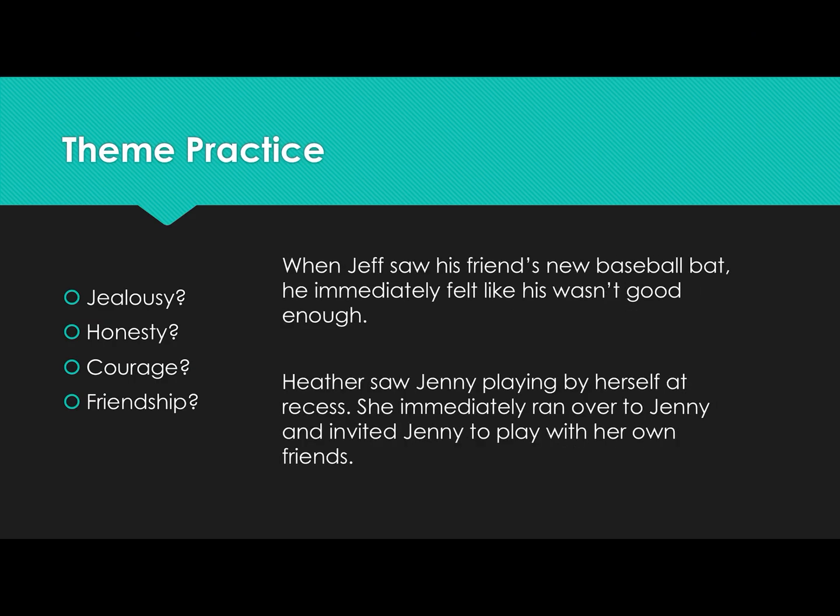Let's do a couple more examples. When Jeff saw his friend's new baseball bat, he immediately felt like his wasn't good enough. So he didn't think his was good enough. He thought his friend's was better. So it would be an example of jealousy.